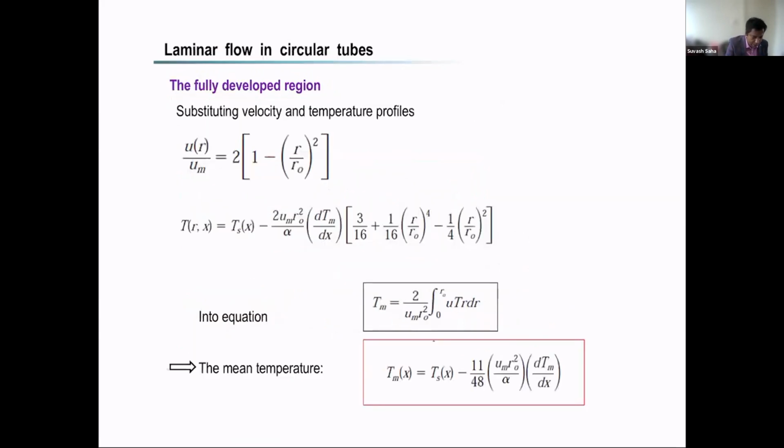Now, if you remember, I told you in my last lecture about the fully developed velocity profile. It is actually the parabolic profile. If R is equal to 0, it is 2. If R is equal to R naught, it is 0.